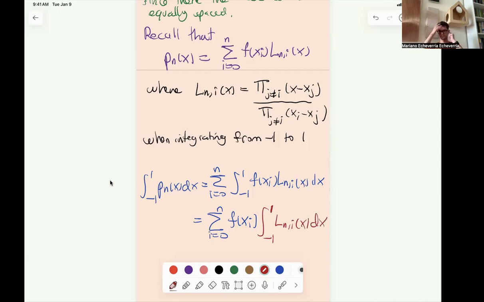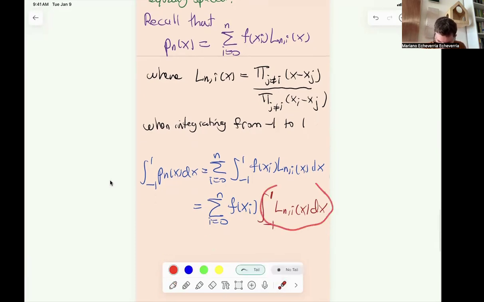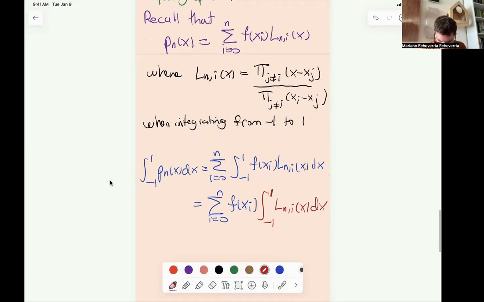Okay? And what's useful to understand is that this has nothing to do with the function. It just has to do with the zeros of the Legendre polynomial. So this is the same regardless of f. It is independent of f.